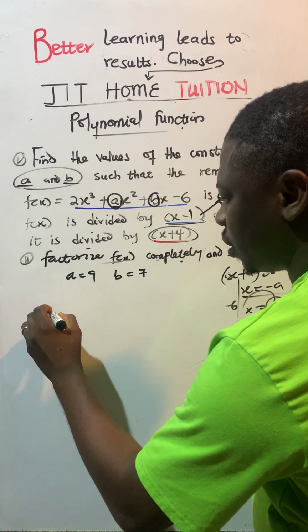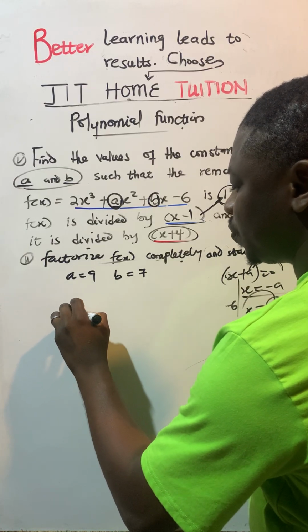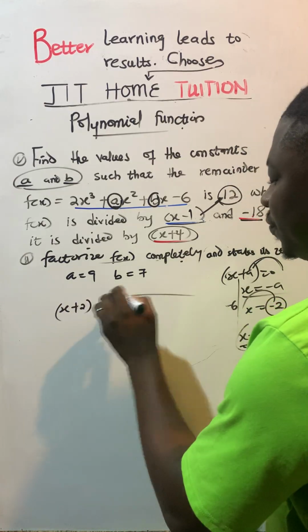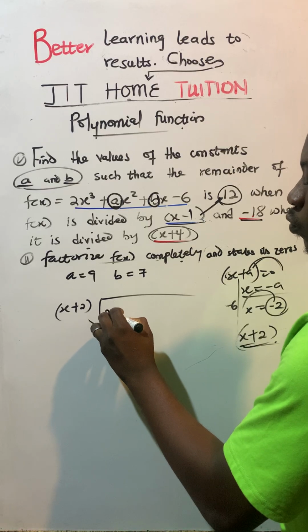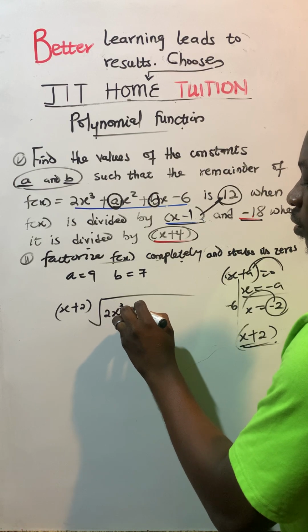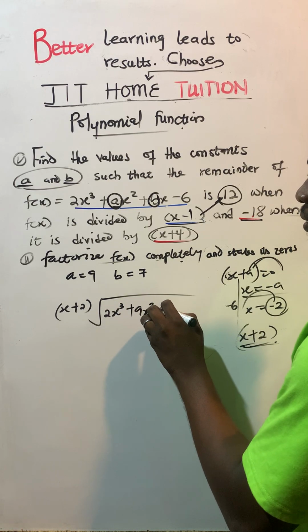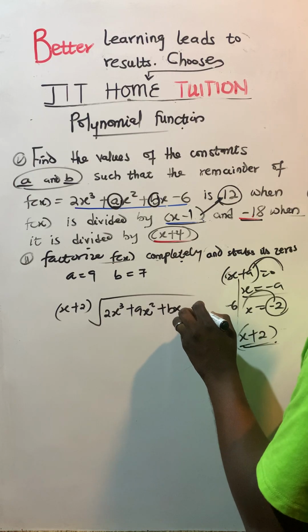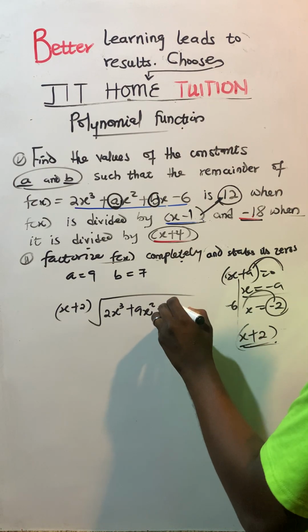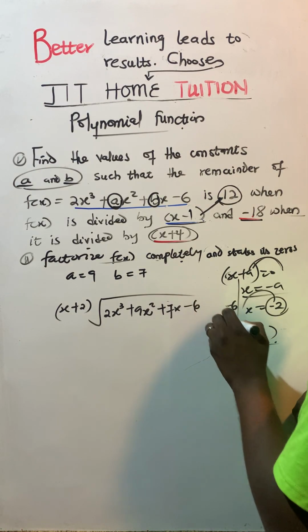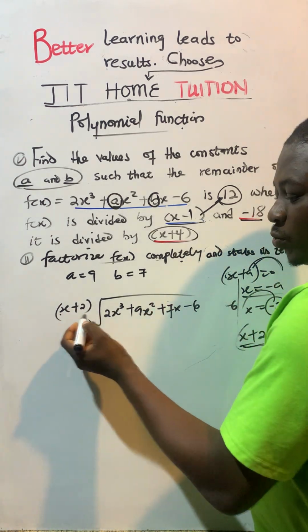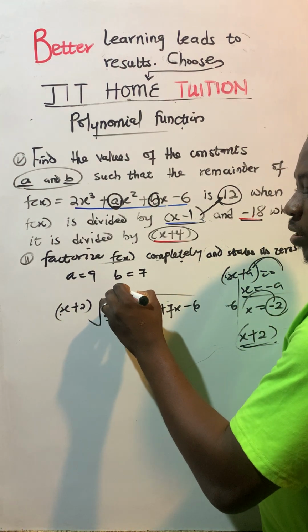Now you have x plus 2 dividing 2x cubed plus 9x squared plus bx, so the b is 7 minus 6. X will divide this one, giving you 2x squared.